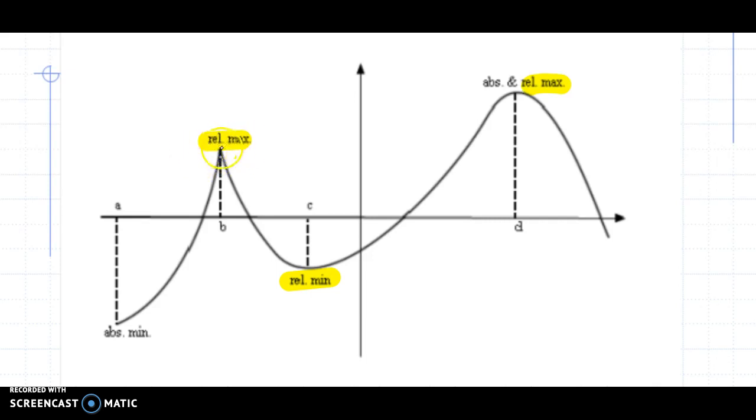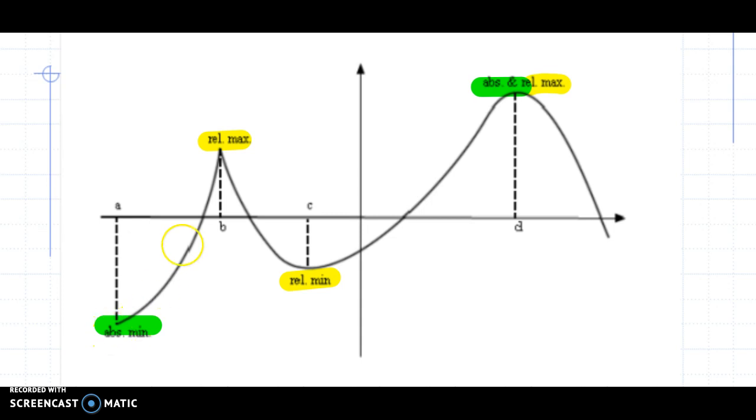One thing I want to point out here is, yes, this is non-differentiable. There is a sharp turn, and that's why it's non-differentiable. But it's still one of our highest points, but it's not the highest, which is what makes this an absolute max. Here, this is a relative minimum, but it's not the absolute minimum point. It is over here, right?